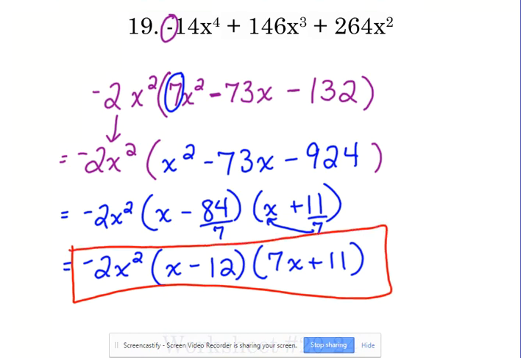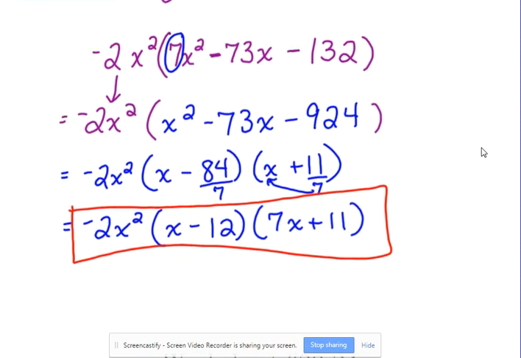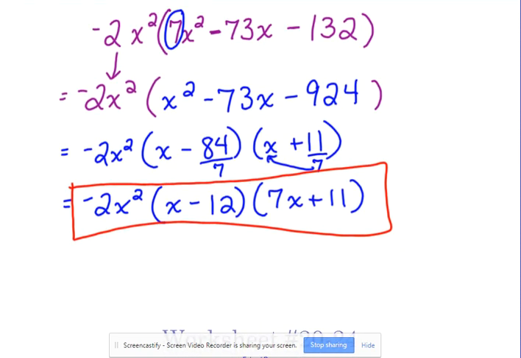How do we check that? How can we check that? Multiply back out. Okay, let's take a quick second. There's no reason not to check it, especially with a problem that's complicated. So let's multiply it back out. Start with the binomial. FOIL that binomial right there.